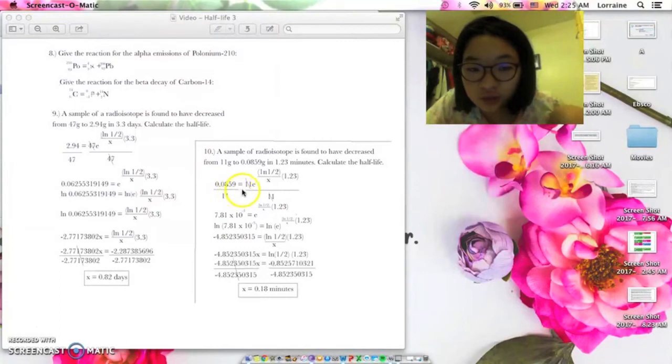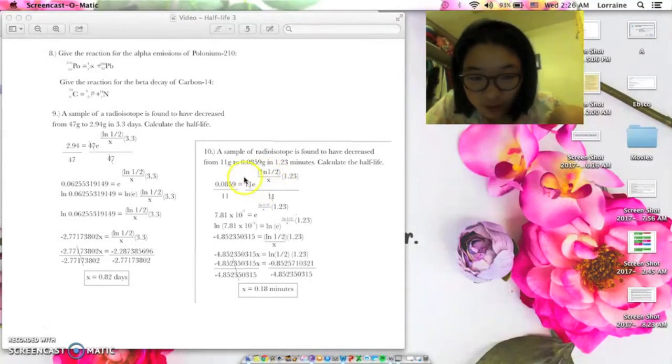So 0.0859 equals 11e exponent ln of 1/2 over x times 1.23. Since k is ln of 1/2 over the half-life, that's why it became like this, and once again I represented the half-life as x.